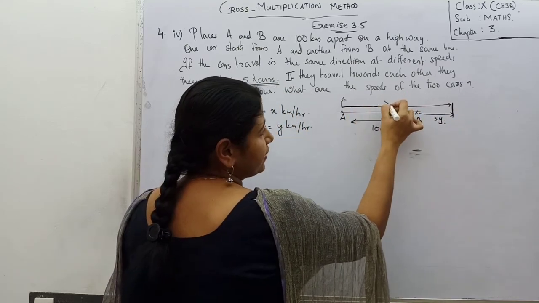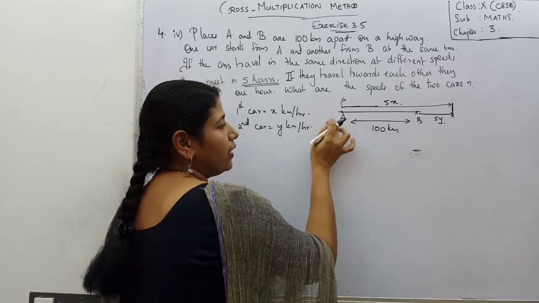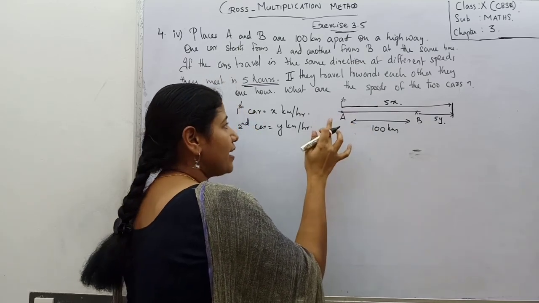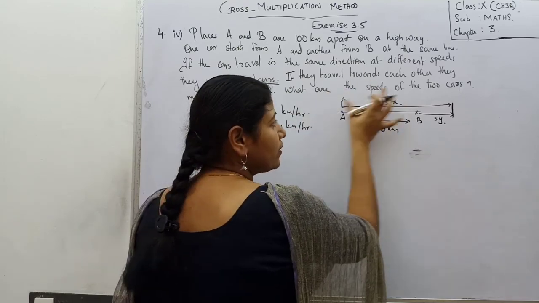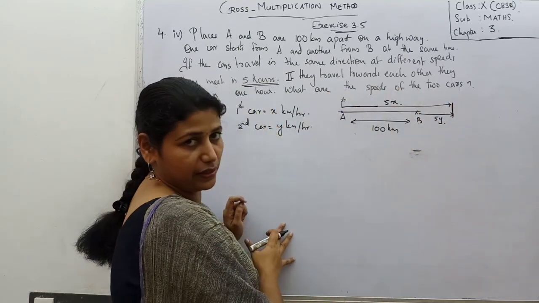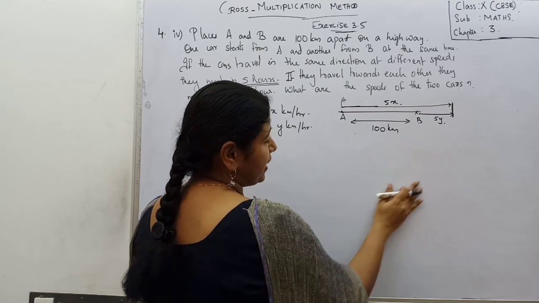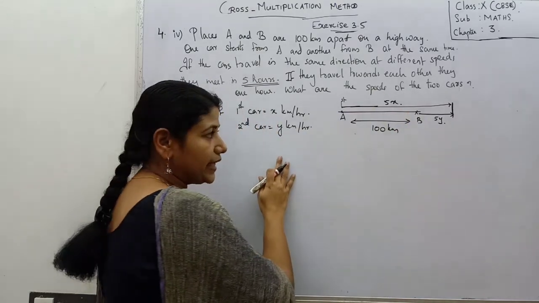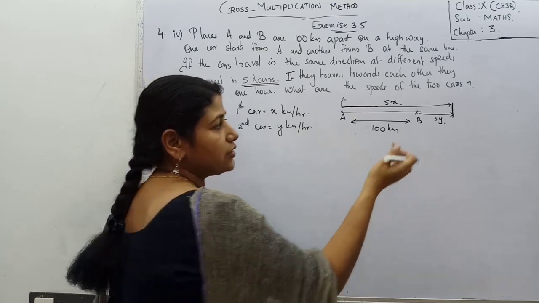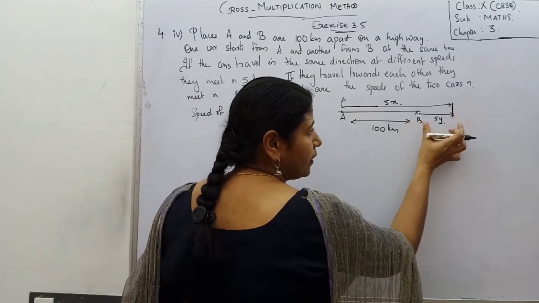This is 5x. Am I right? If the first car starts at a speed of x kilometer per hour, after 5 hours it will reach a distance of 5x. And what about the second car? It has a speed of y kilometer per hour. After 5 hours, from here only, it will be 5y.